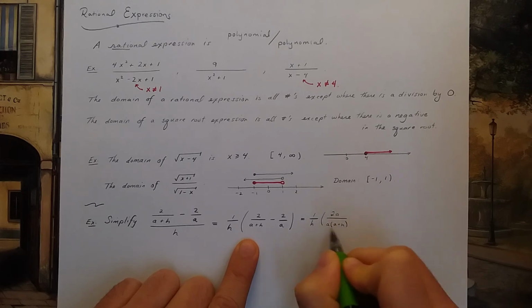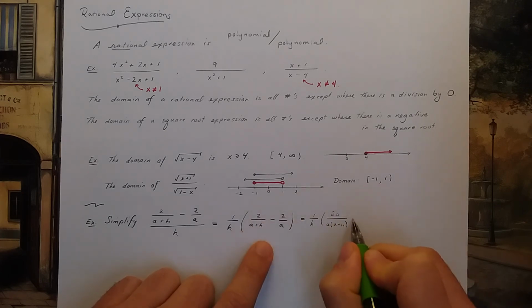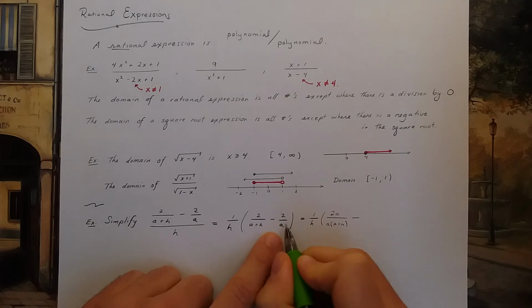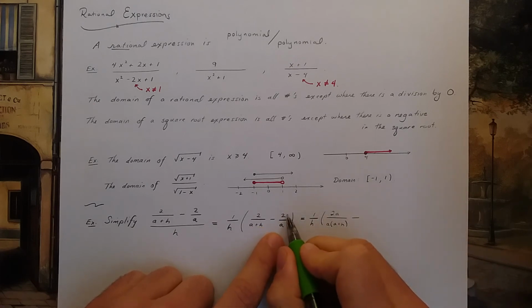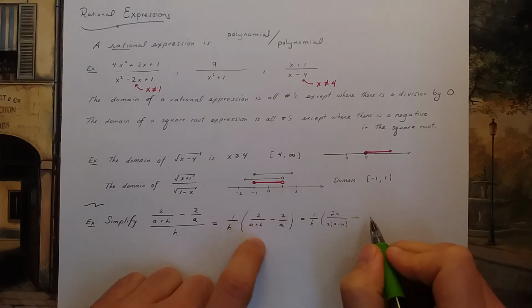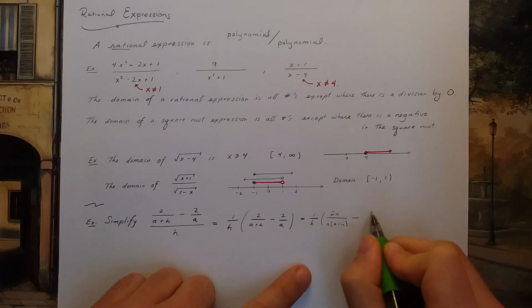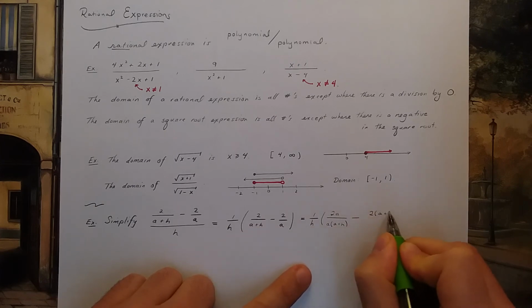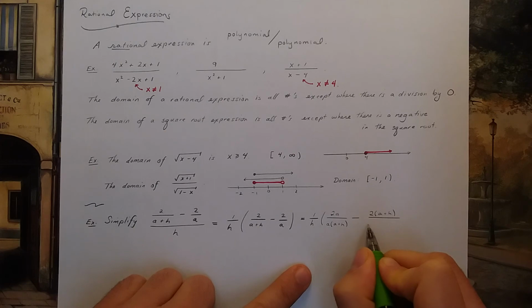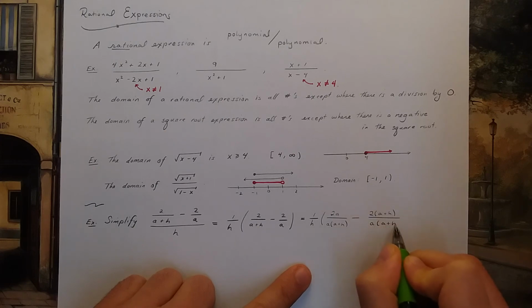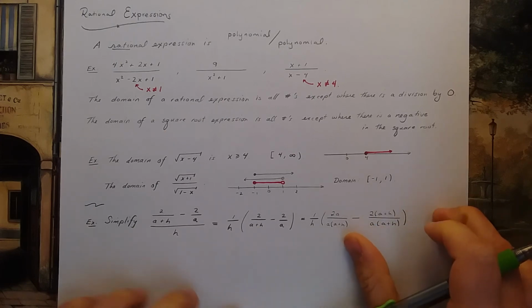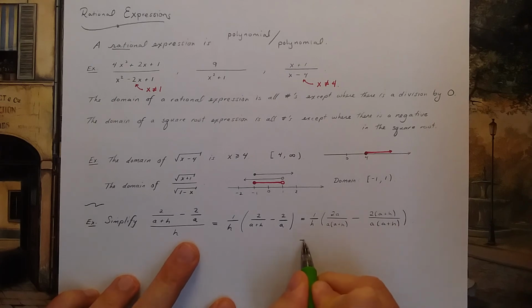I multiplied the top and the bottom of this first fraction by a. And I'm going to multiply the top and the bottom of the second fraction by a plus h to get the common denominator. So I'm going to have 2 times a plus h over a times a plus h. Now I indeed have a common denominator. I can combine them.